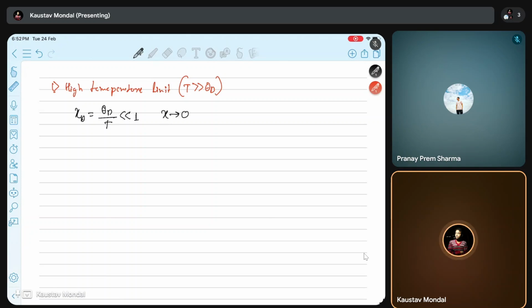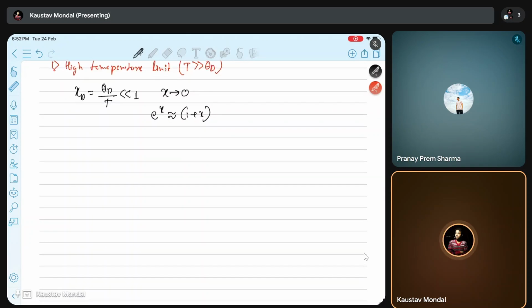So x basically tends to 0. In that case, we can approximate e to the power x as 1 plus x, ignoring the higher order terms of x.